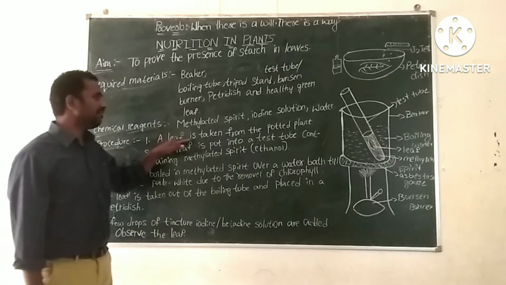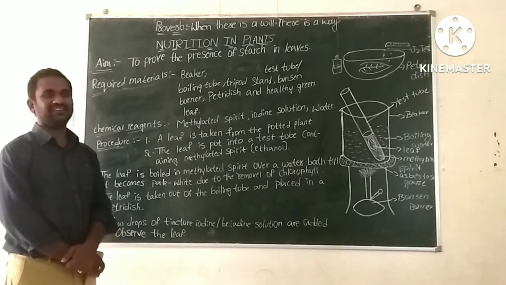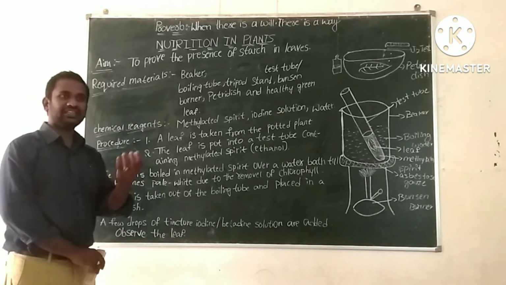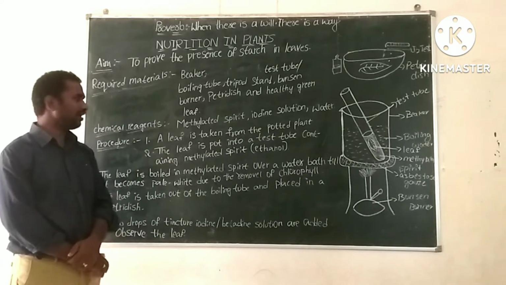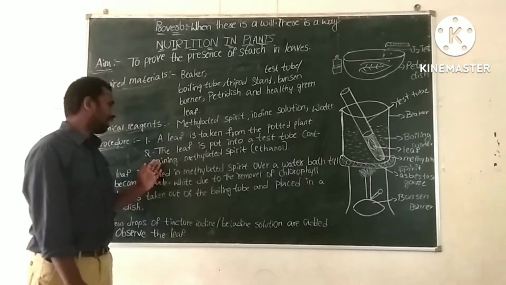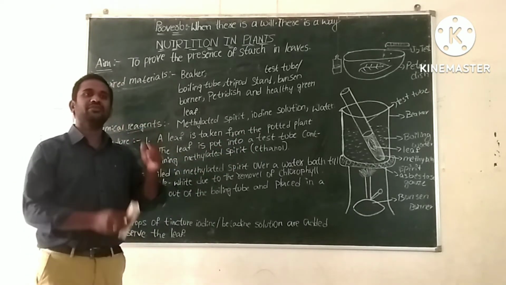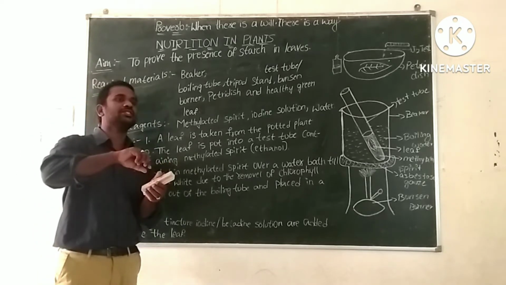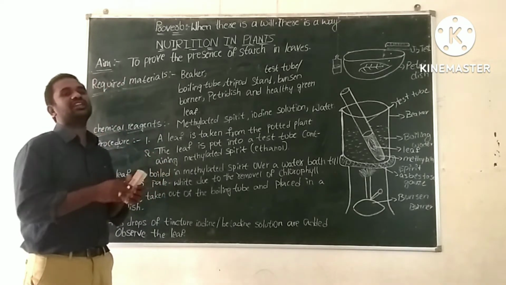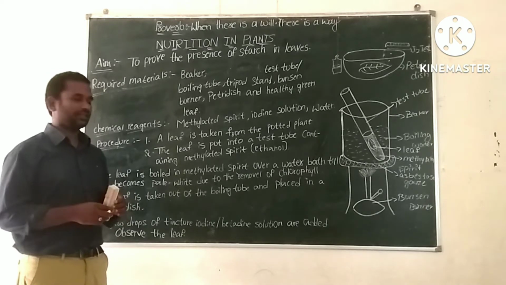A leaf is taken from the potted plant. It must be a healthy leaf. The leaf is put into a test tube containing methylated spirit. We take a test tube, pour some methylated spirit, and then put the leaf inside the test tube in the spirit.